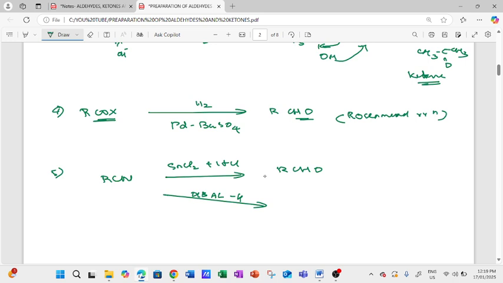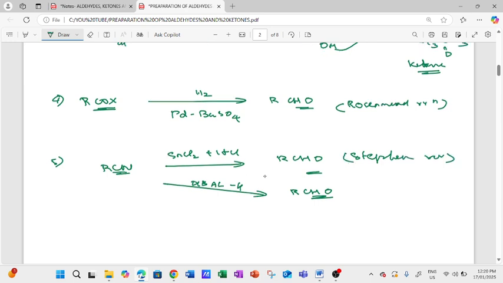So it's DIBAL in short. We change it into RCHO. So CN to CHO, CN to CHO and RCOX to CHO. In this, stannous chloride and HCl addition is called the Stephen reaction. So both Rosenmund and Stephen reactions are only to prepare aldehyde, not to prepare a ketone.